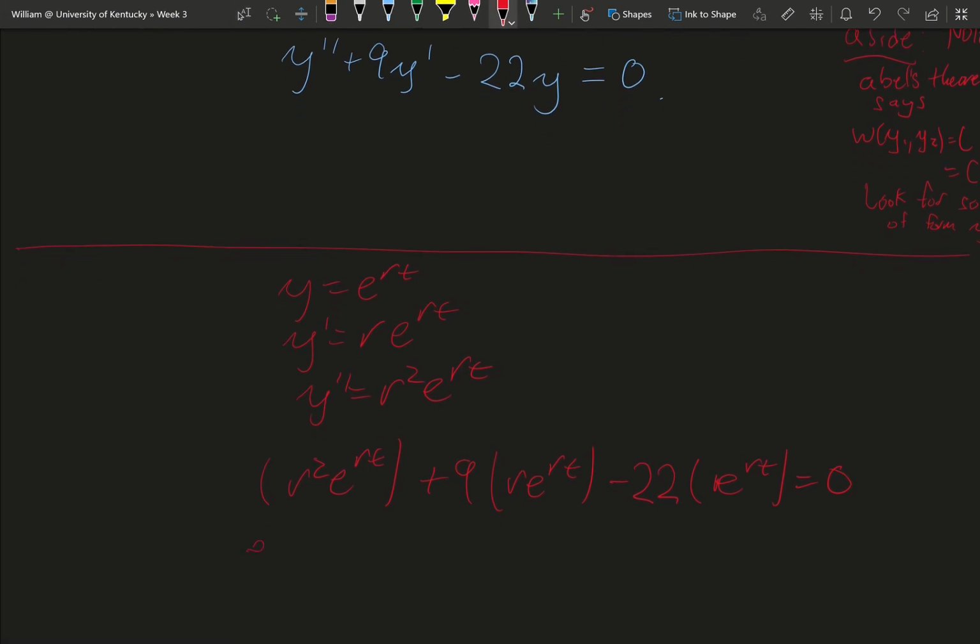We'll pull out an e to the rt, and we're left with this equation: r squared plus 9r minus 22 equals 0. The key thing here is just this polynomial.